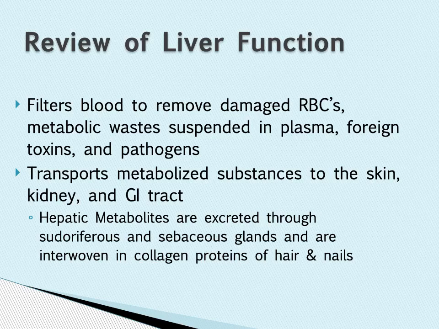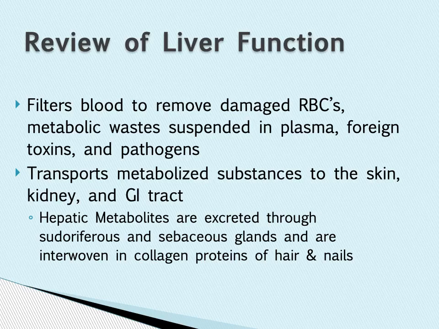The foreign toxin, the endotoxin, and the metabolic wastes or metabolites within plasma will interact with any one of the three types of cells that we see within the liver itself, whether it's the hepatocyte, the Kupffer cells, or the stellate cells that are going to function.